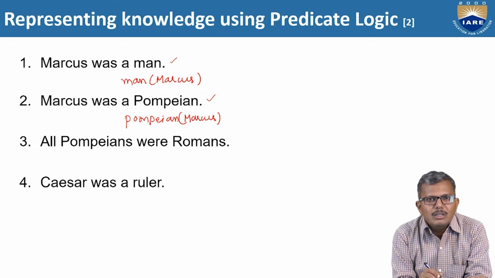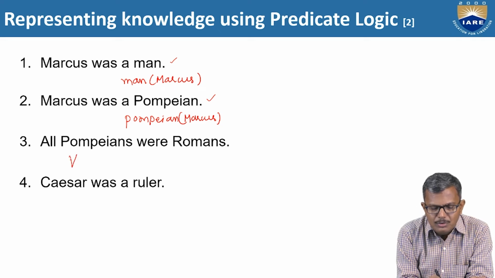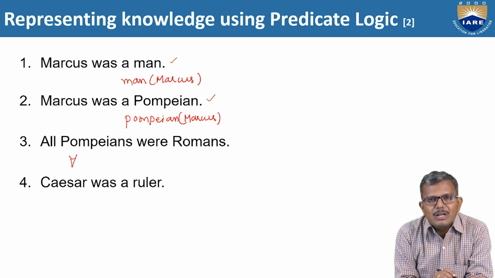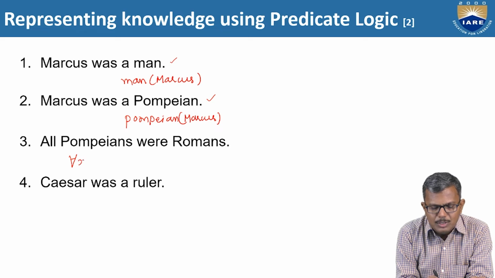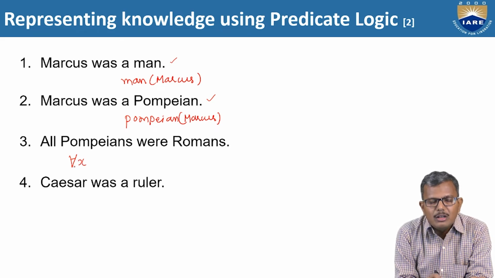We have to go for using predicate logic symbols. So how will it be? We are going to use a symbol which is called for all, and I am going to represent it with x. It indicates for all. So all whom am I talking about? I am talking about the Pompeians.